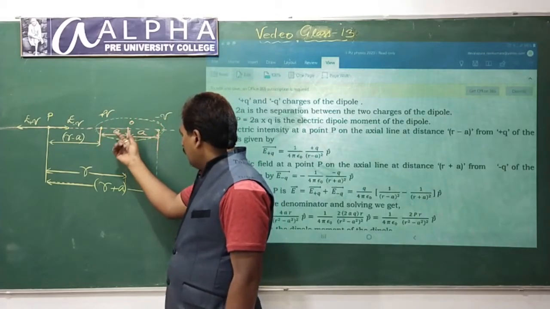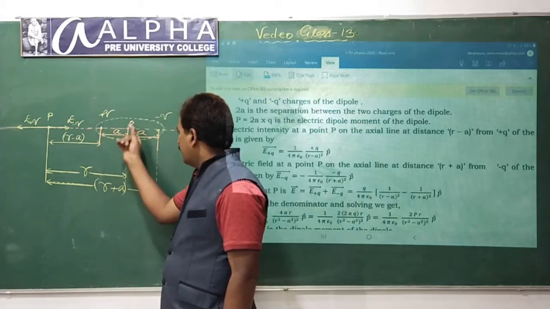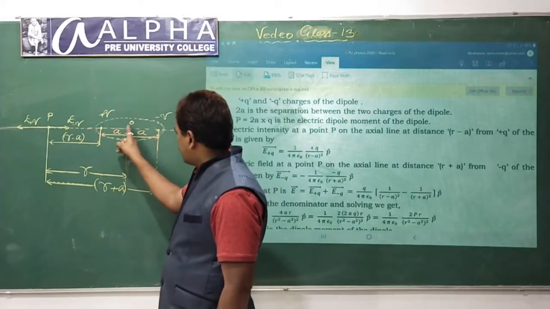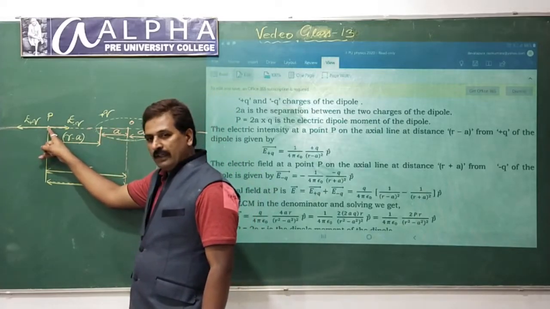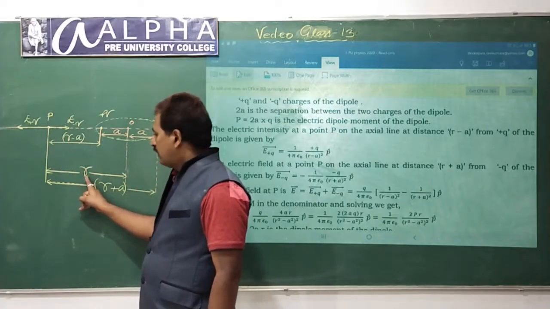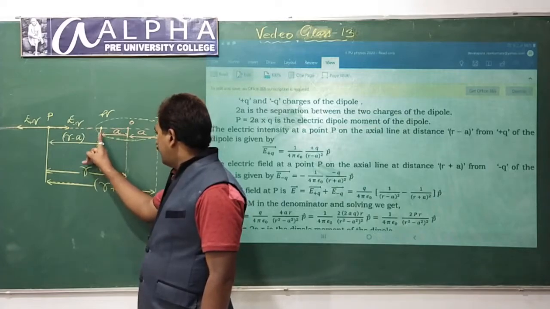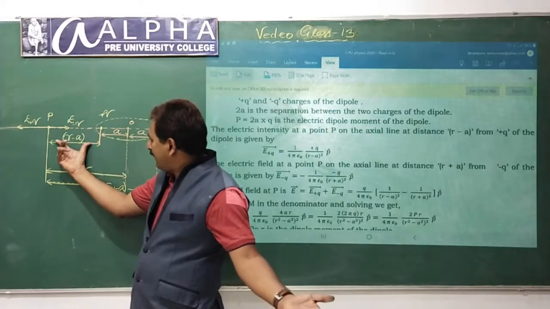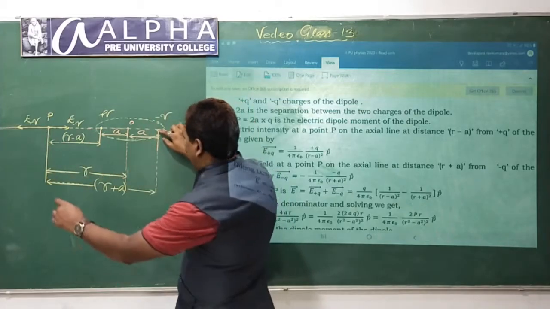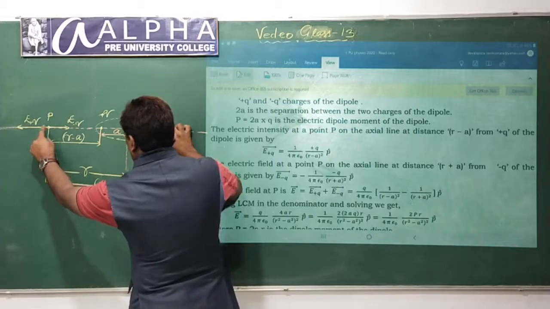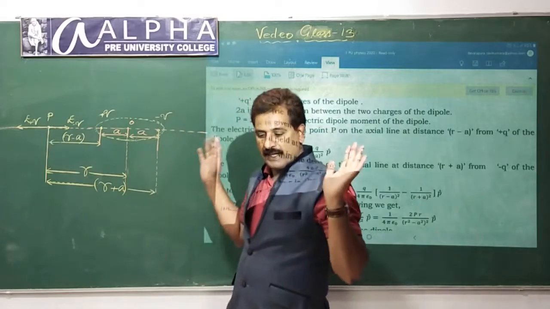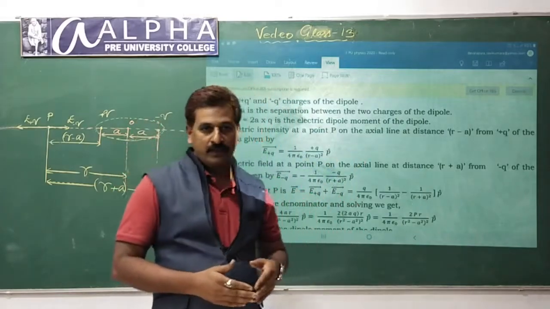This is the center of the dipole, center to plus q is A, center to minus q is A. The distance of the center from the point where you are measuring electric field is R. So from here to here is A, therefore this is R minus A, as we explained earlier. Therefore point P is at a distance R plus A from minus q.